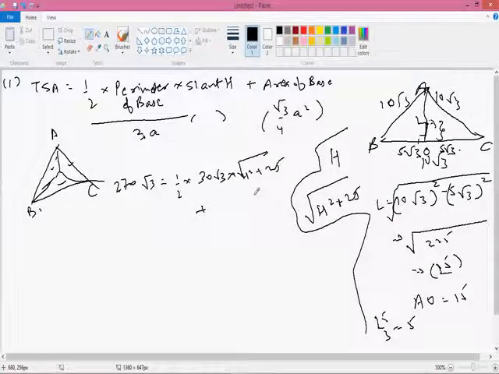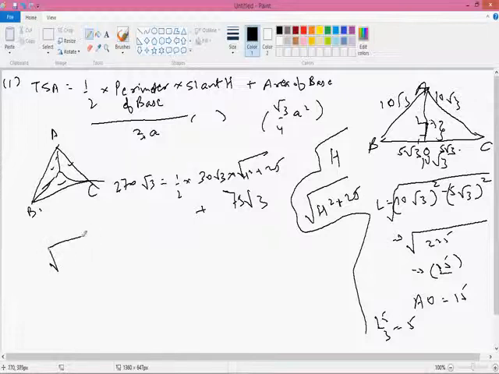Area of the base will be root 3 by 4 a square. A square will be 300, so it will come out as 75 root 3.